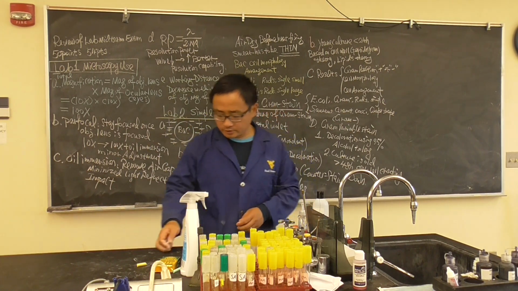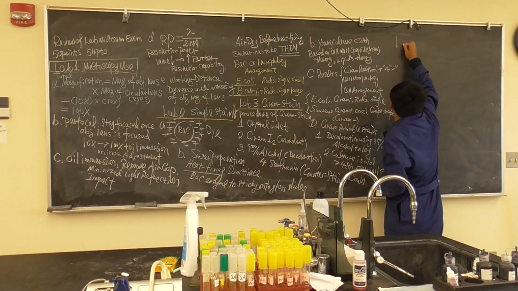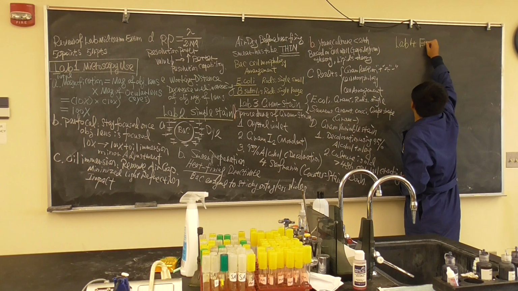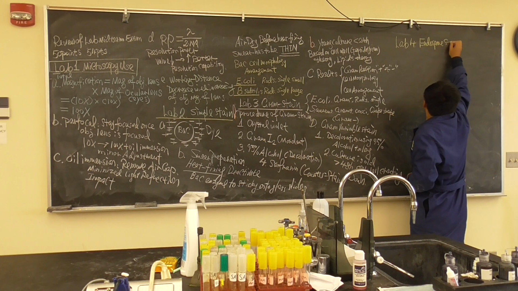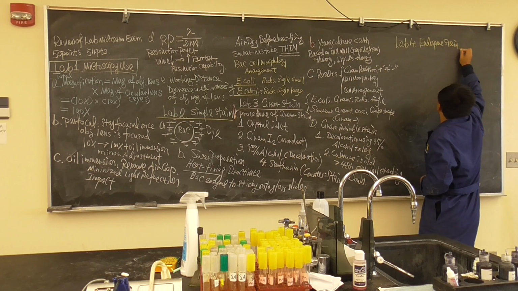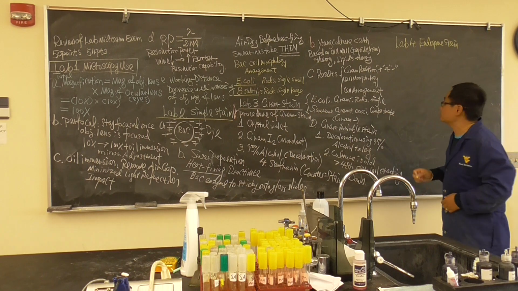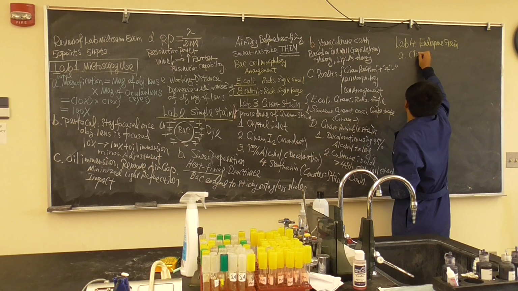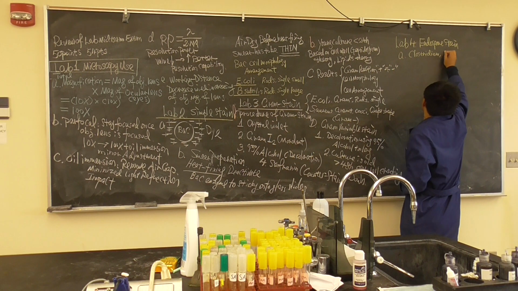After doing the gram stain, what we did is the endospore stain. So lab 4, what we did is the endospore stain. And first of all, we mentioned that there are two bacteria that have endospores, which are Clostridium and Bacillus.